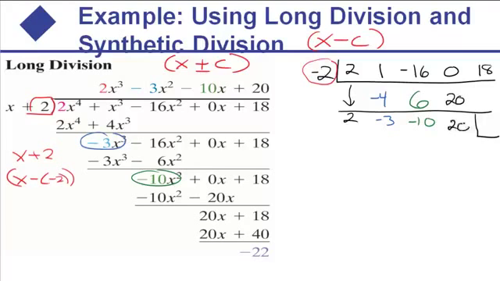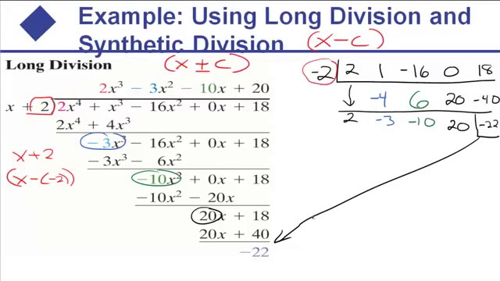Add those together. That looks familiar, right? And then last but not least, negative 2 times 20 is negative 40, right? Add these two together, negative 22, and lo and behold, the same number. See how much quicker and easier that is?